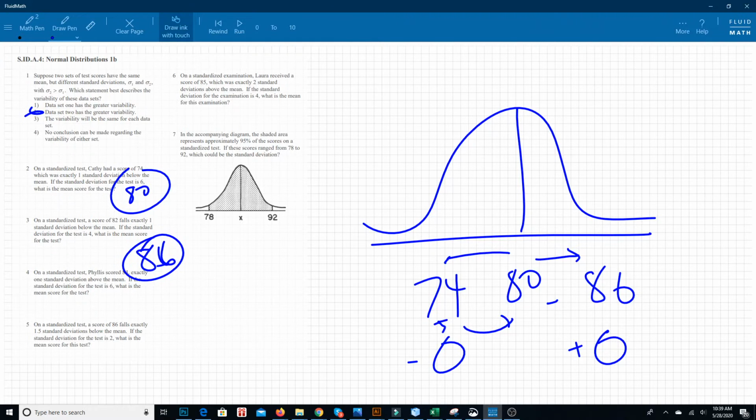Question 3 says on the standardized test, Phyllis scored 84, exactly 1 standard deviation below the mean.